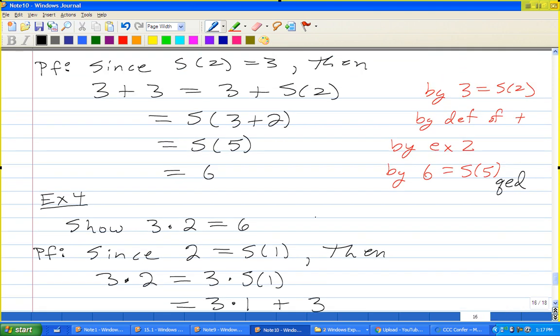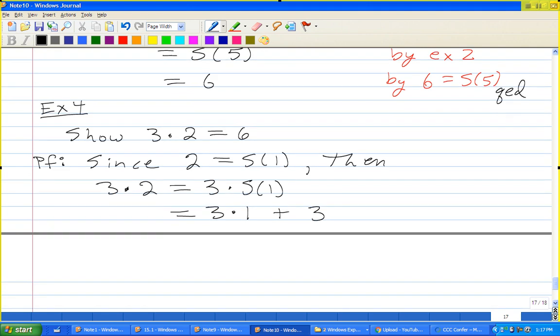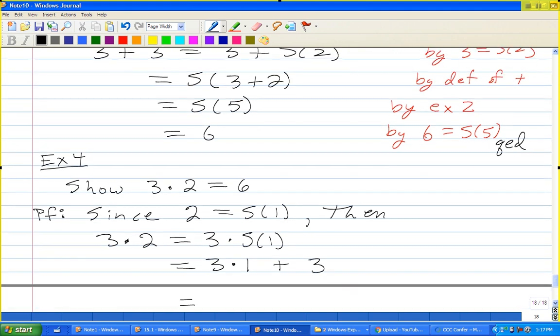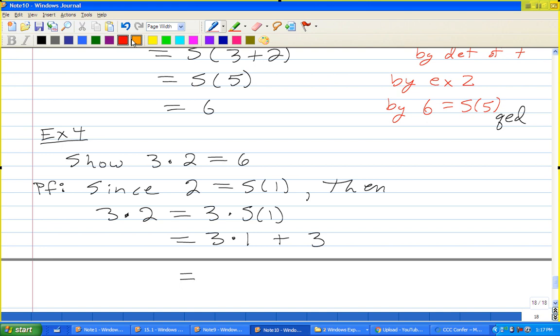And so, well, this is equal to 3 times 1 plus 3. I'm using the fact that 2 is the successor of 1, and this is the definition of multiplication. Okay, next, I want to show that 3 times 1 is 3.